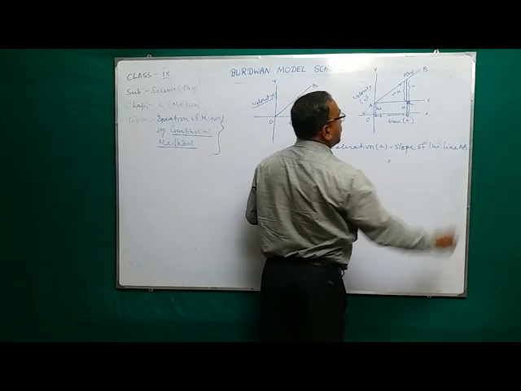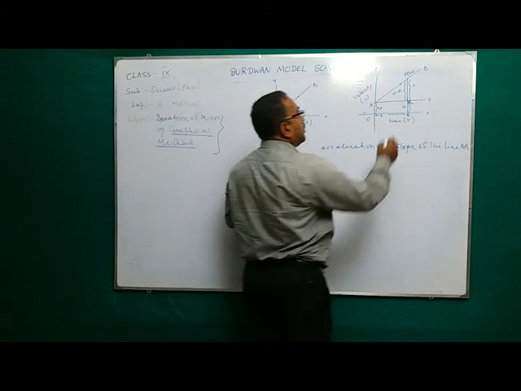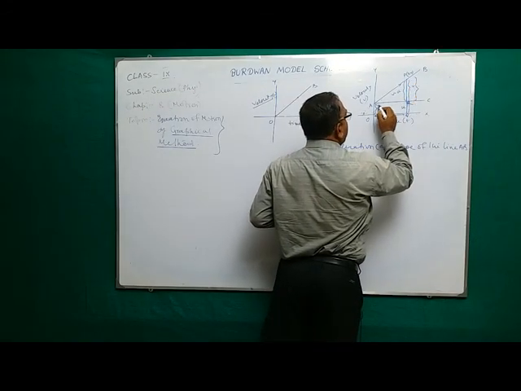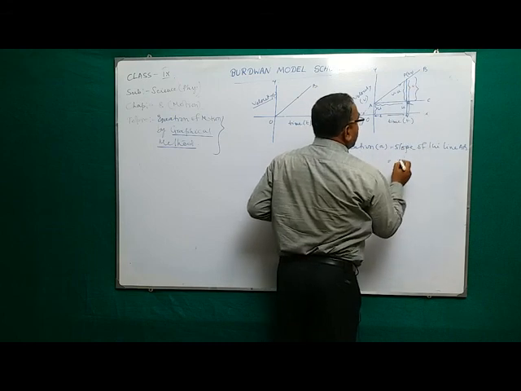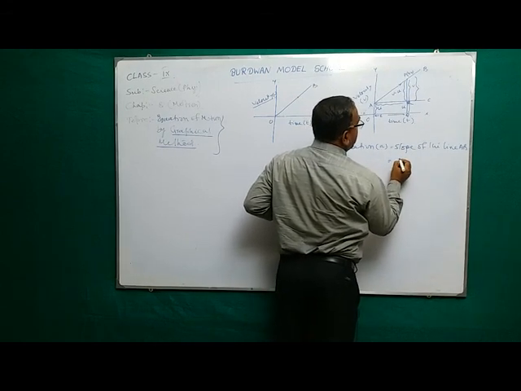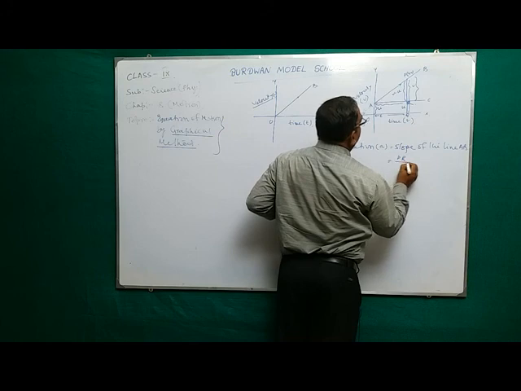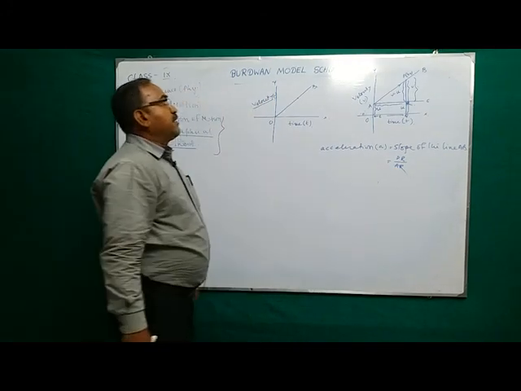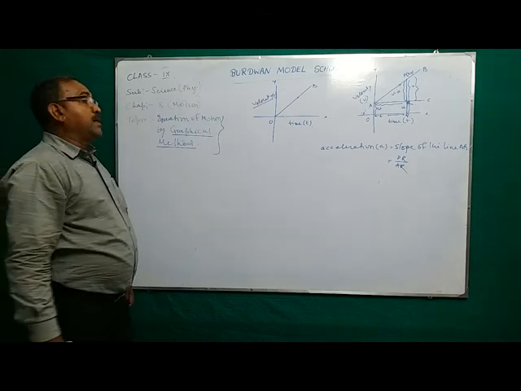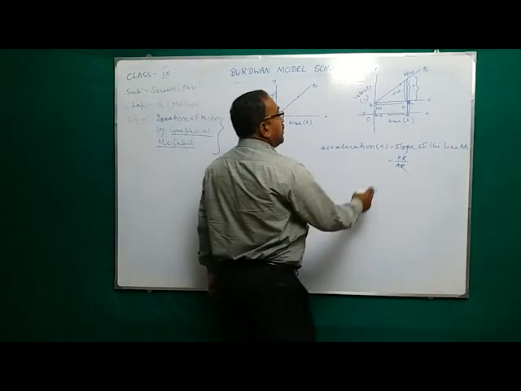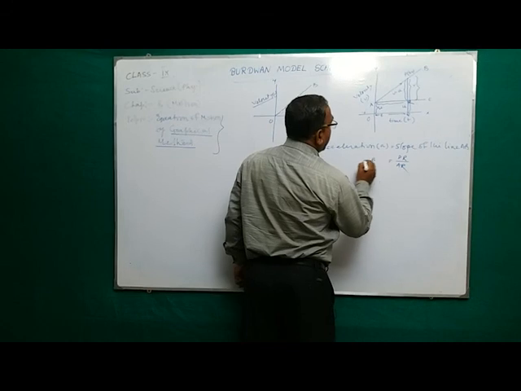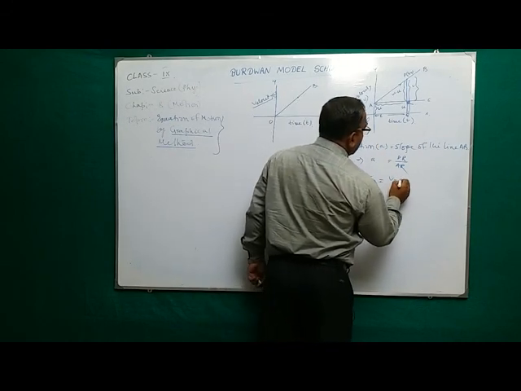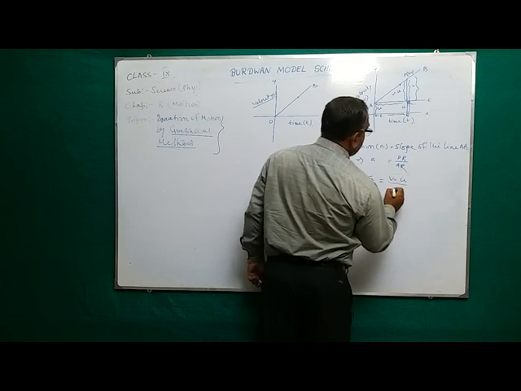The slope of the line means the height of the triangle and the base of the triangle, height by base of that triangle. Height by base means PR by AR, for the triangle APR. Okay? PR by AR. What is the value of PR? What is the value of AR?